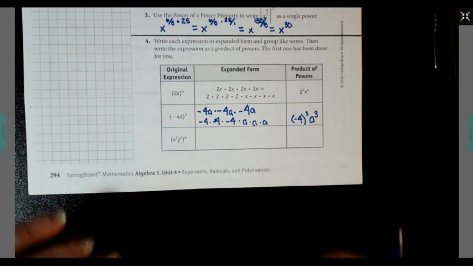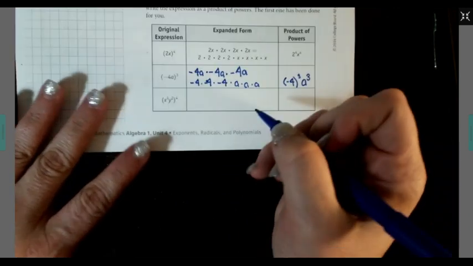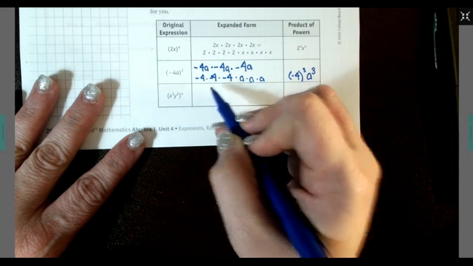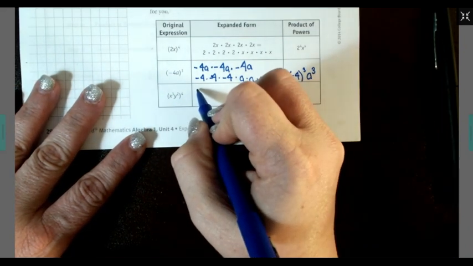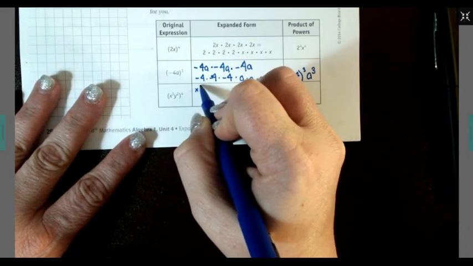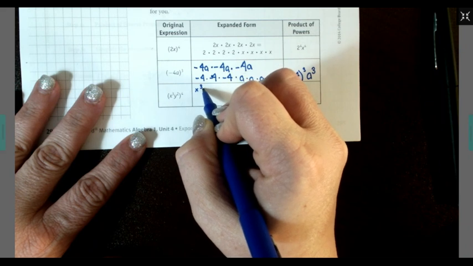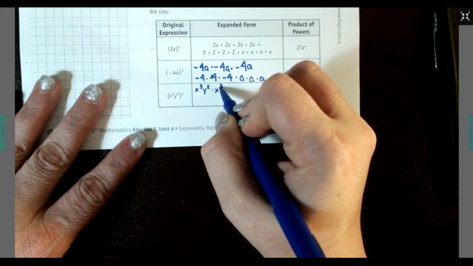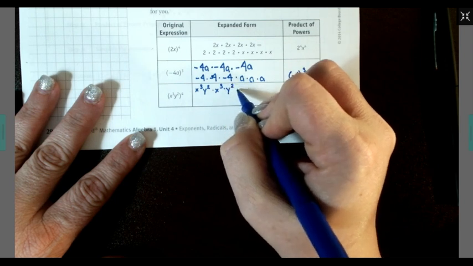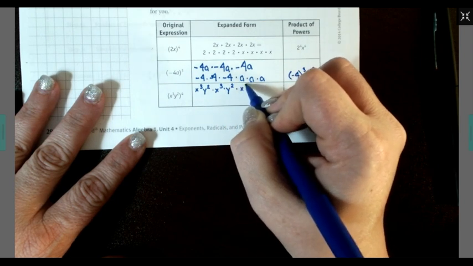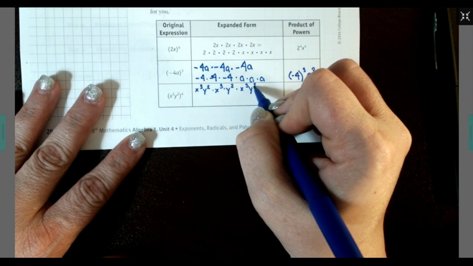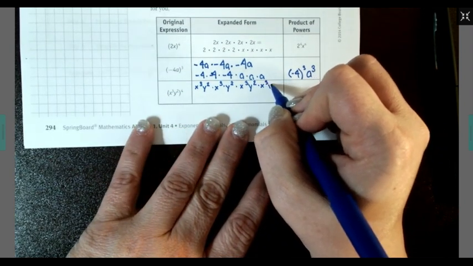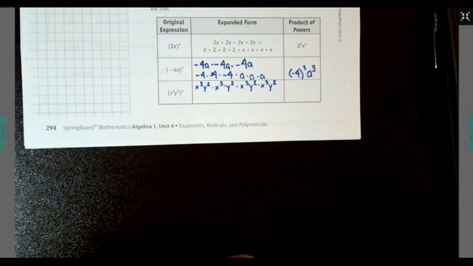Let's take a look at the last line here. (x cubed y squared) to the fourth power. So we're going to start breaking this down. X cubed y squared, that's 1. X cubed y squared, that's 2. X cubed y squared, that's 3. X cubed y squared, that's 4.